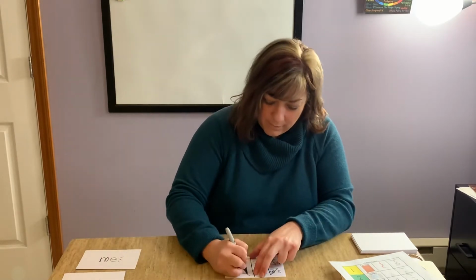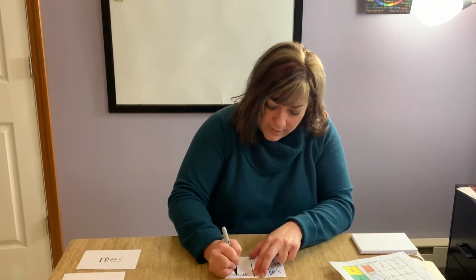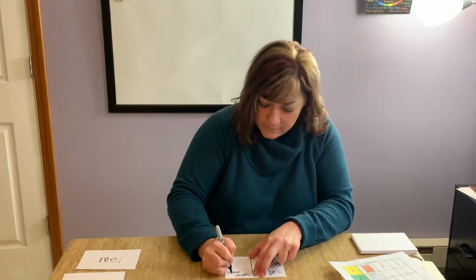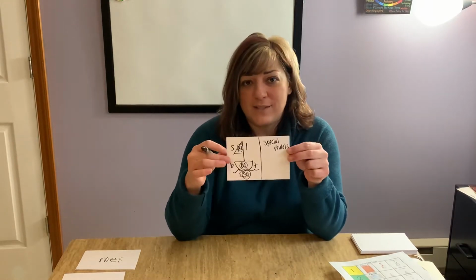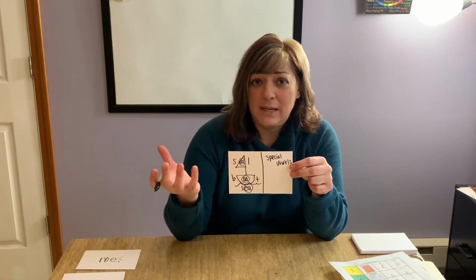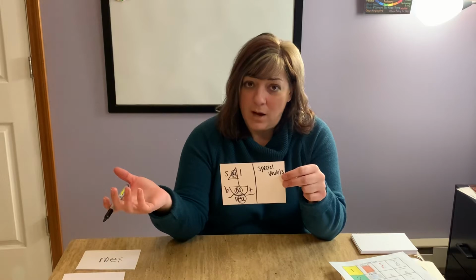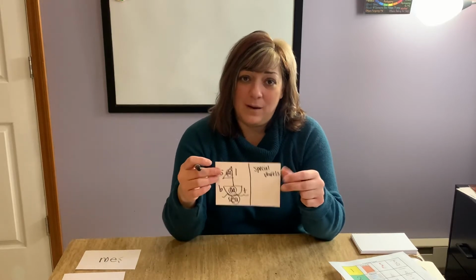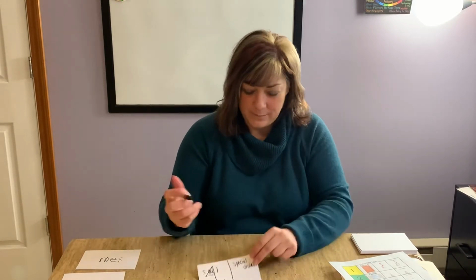The other type of vowel teams are called special vowel teams. And the special vowel teams are 2 letters that go together where they make a brand new sound. It's not really either a short sound or a long sound. They go together and make a brand new special sound.